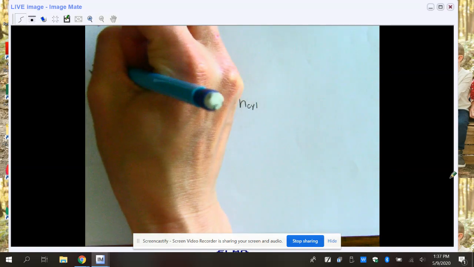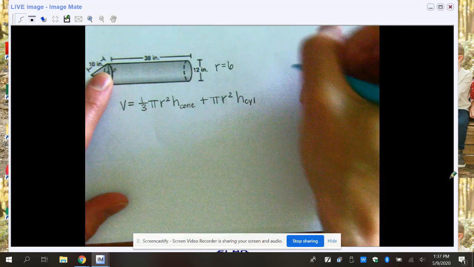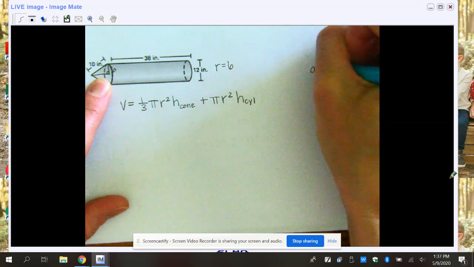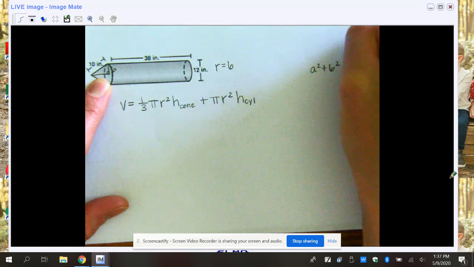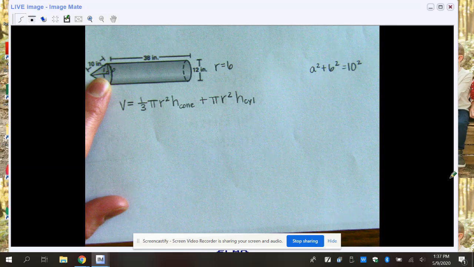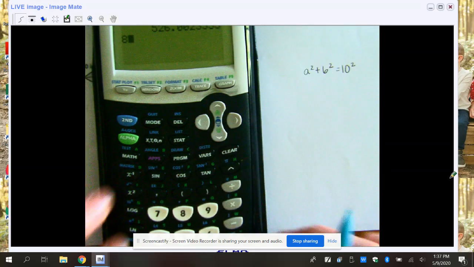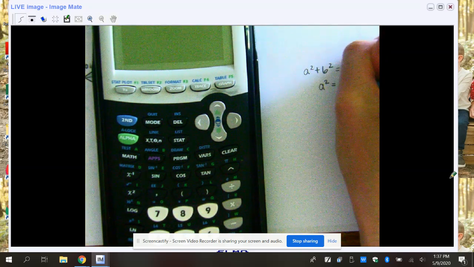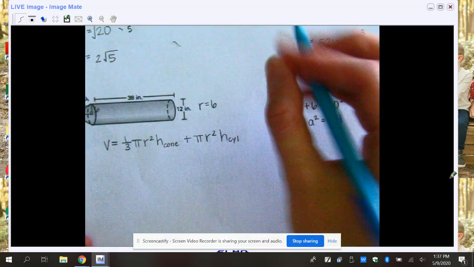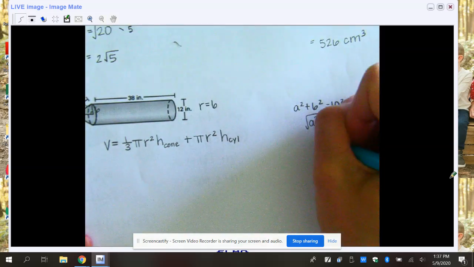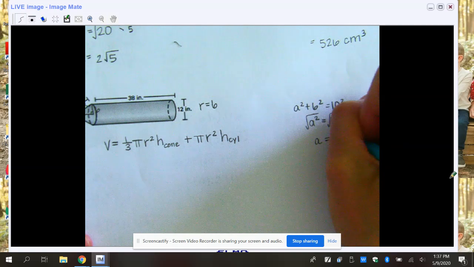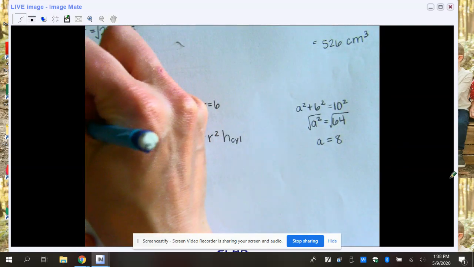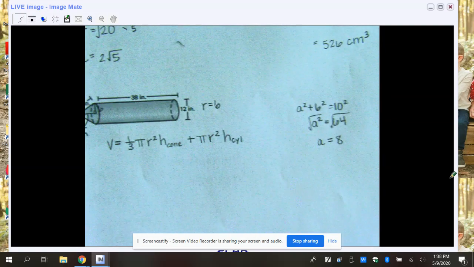So if I draw a little right triangle right here, again, I know that that's 6. So off to the side, I'll do a squared plus 6 squared equals 10 squared. 100 minus 36, oh good, this one's gonna work out, is 64, and then square root each side, and we get the height of the cone to be 8 inches.